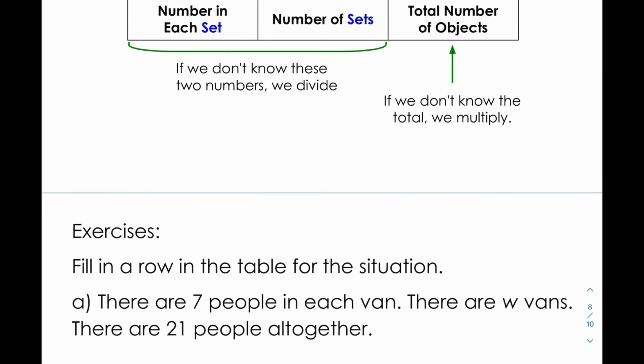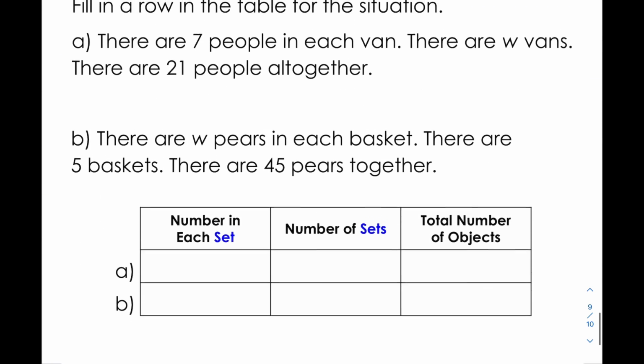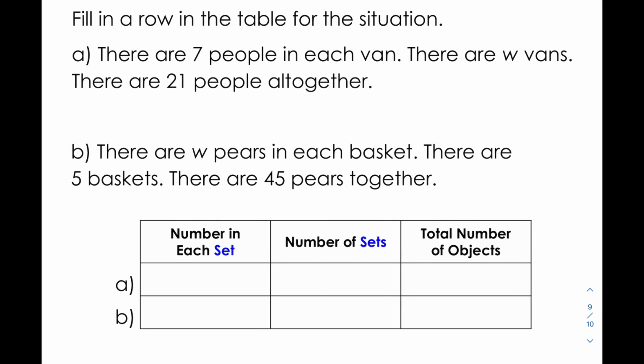So fill in a row in the table for the situation. There are 7 people in each van. There are W vans. There are 21 people altogether. So number in each set, 7 people in each van. We don't know how many vans. We know that there are 21 altogether.